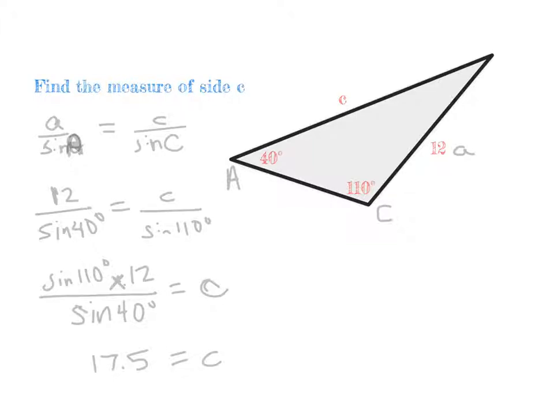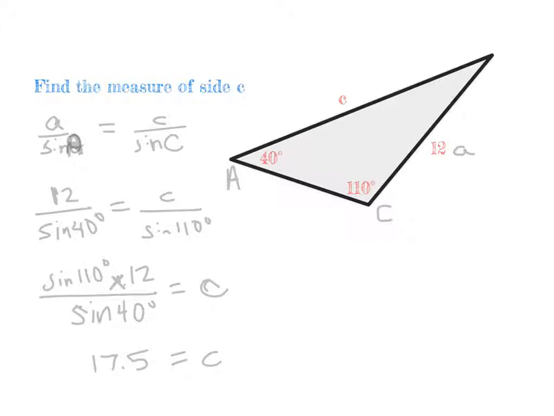Now, one thing we can do to somewhat check our work is to look at our triangle and say, okay, don't trust the scale of the triangle. That's my first thing, is it looks like this C here is probably longer than this side. Don't necessarily trust that.